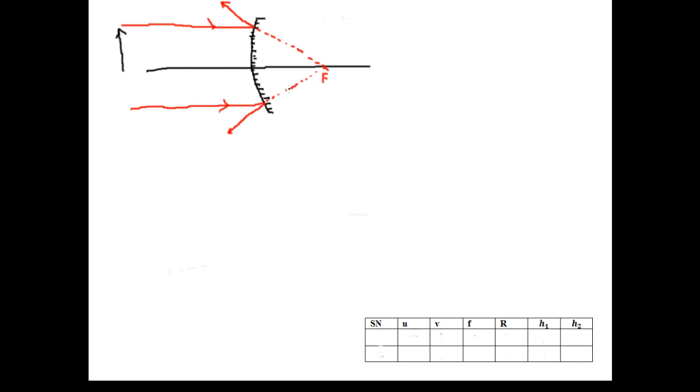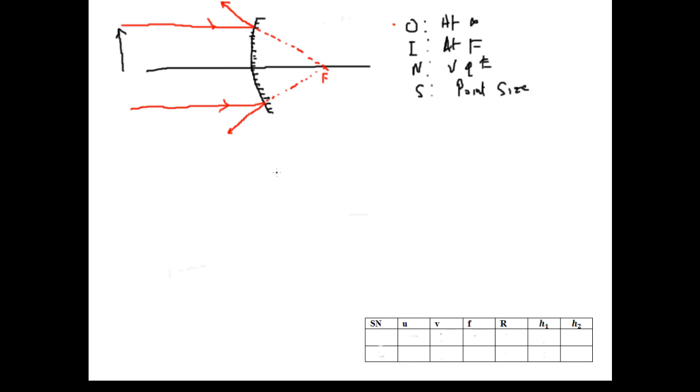This is the ray diagram for the first case when the object is at infinity. So object at infinity, image at F or focus, nature virtual and erect, size point size or highly diminished.